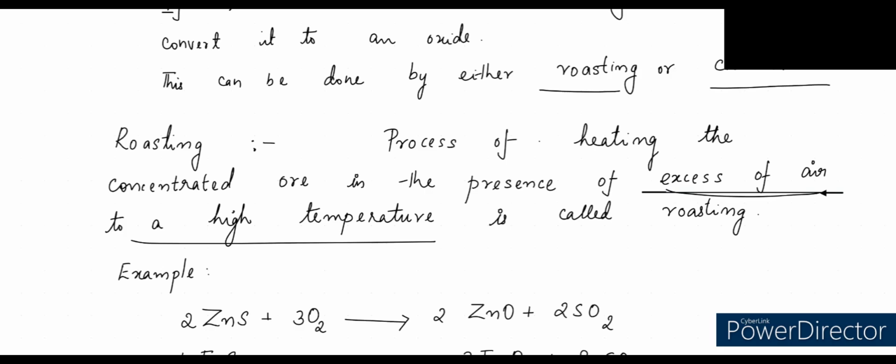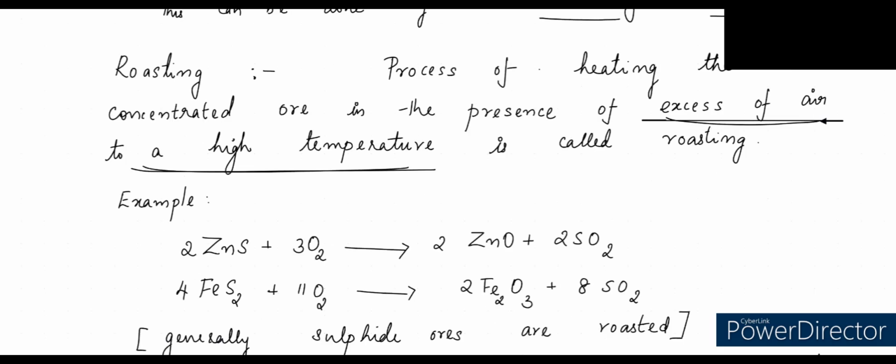These underlined words are the key words here. During the strong heating in presence of excess of air or oxygen, the ore combines with oxygen to form its oxide. In other words, when your ore has no oxygen, you will have to supply oxygen and heat it strongly. That is roasting.